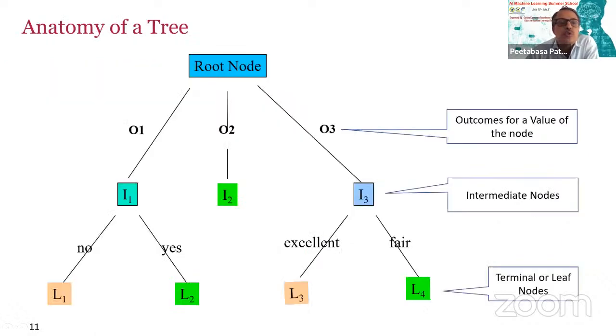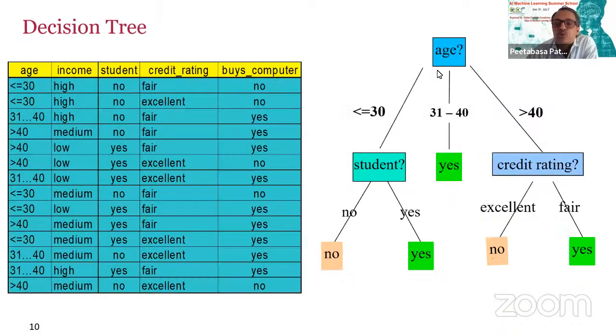Now, how do we do that? Let's look at the different nomenclatures we use for a decision tree. For example, at the top, the first attribute we use for categorizing the data into different groups is called the root node. Like in the previous slide, age is the root node.